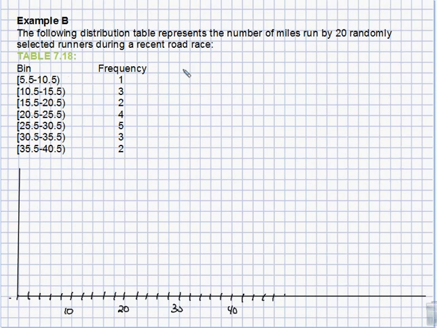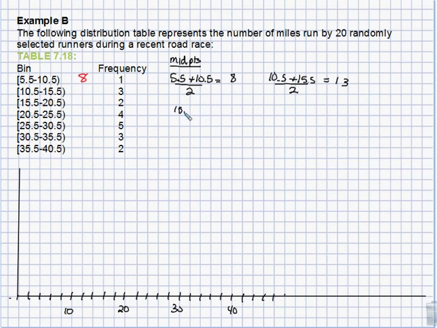Okay, anyway. I need to find the midpoint. Okay? So the midpoints, I have 5.5 plus 10.5 divided by 2. So this is 16 divided by 2, so that midpoint's 8. So I'm going to write the midpoints here. And then the next midpoint would be 10.5 plus 15.5 divided by 2, 26 divided by 2, 13.